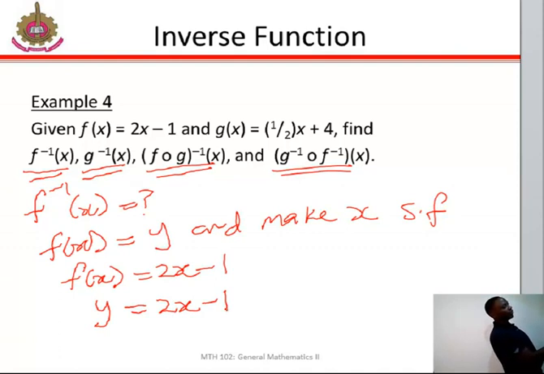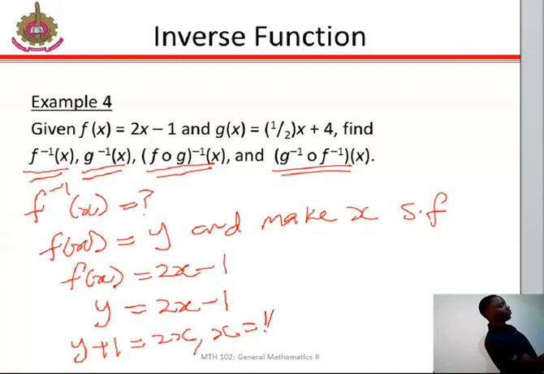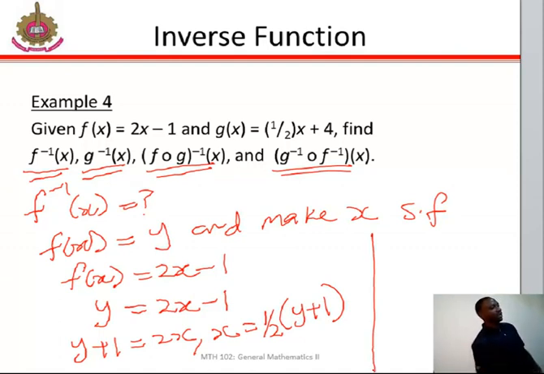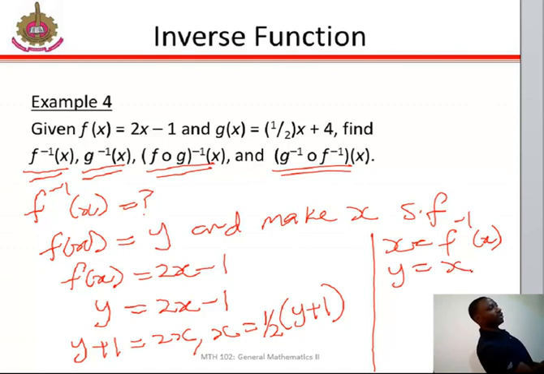So you are going to have something like this. y plus 1 equals 2x, and our x is now going to be 1 over 2 into y plus 1. Now, in order to get the inverse, you replace your x with f inverse of x and your y with x in the expression we just got earlier.